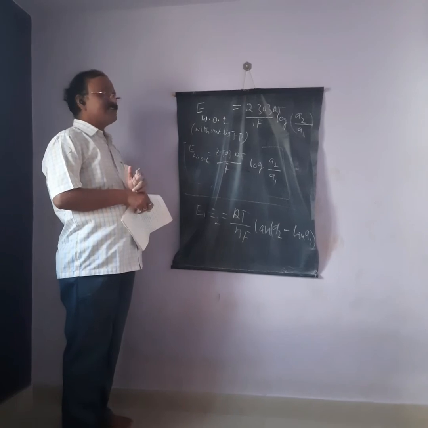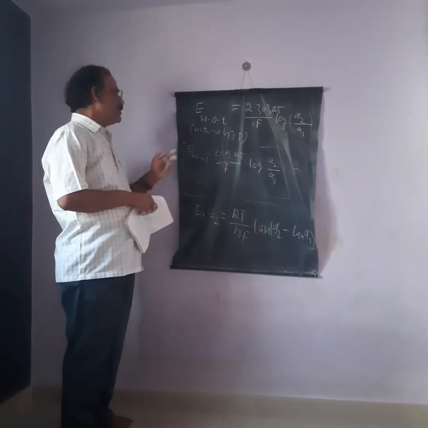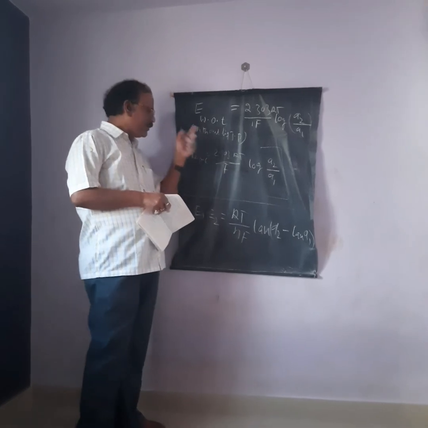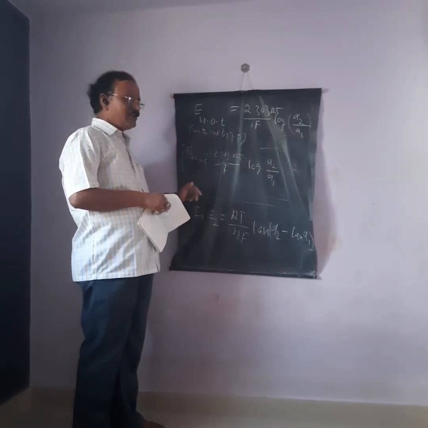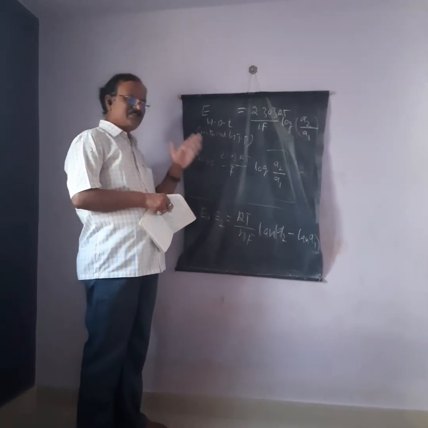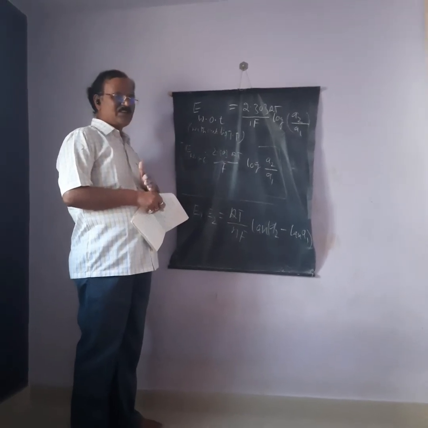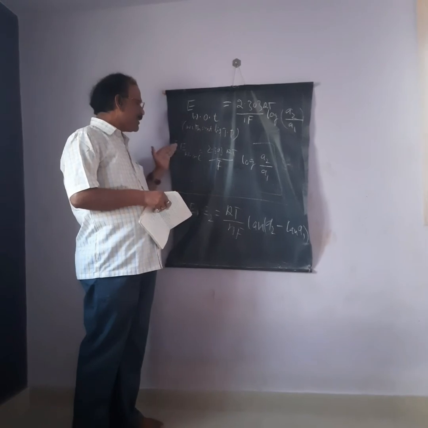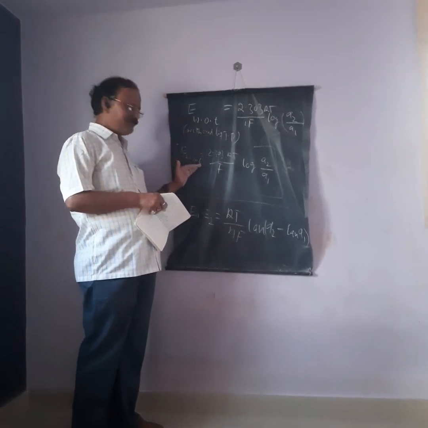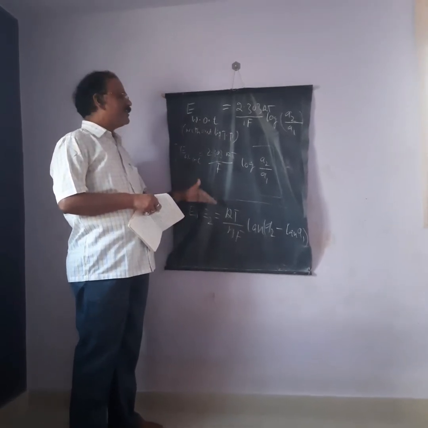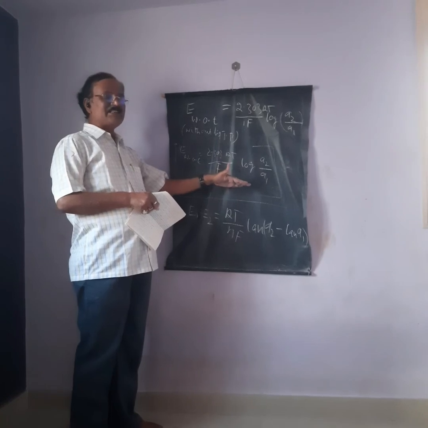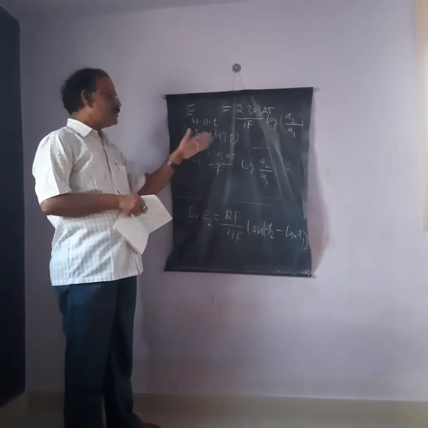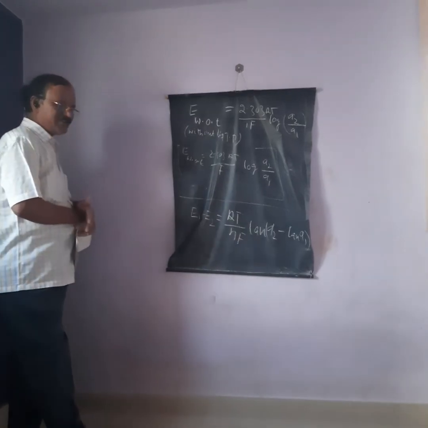If you calculate the liquid junction potential mathematically, if you know EMF without transport and EMF with transport, the EMF with transport contains the liquid junction potential. So if you deduct EMF with transport minus EMF without transport, that will give the liquid junction potential of the electrolytic solution, that is, the liquid junction potential of the cell.